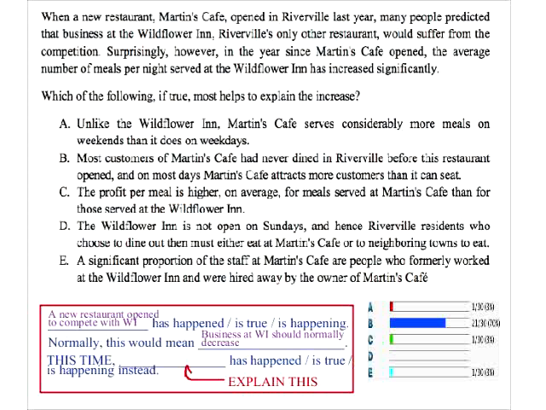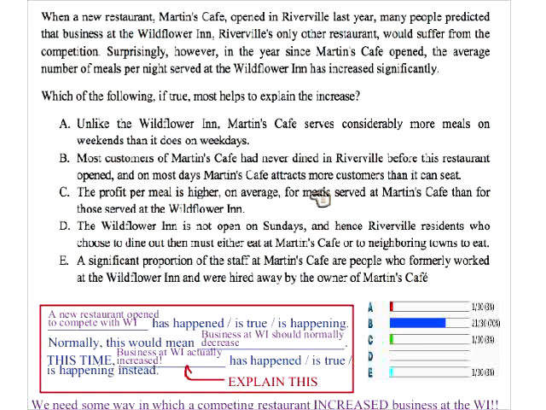However, something is increasing the business at the Wildflower Inn. So we need something that explains this. I mean, we need some explanation. We need some way in which a competing restaurant increased business at the Wildflower Inn. So, you know, they just got to help each other out in some way. So we need an answer choice that is like there's some sort of positive spin-off effect.